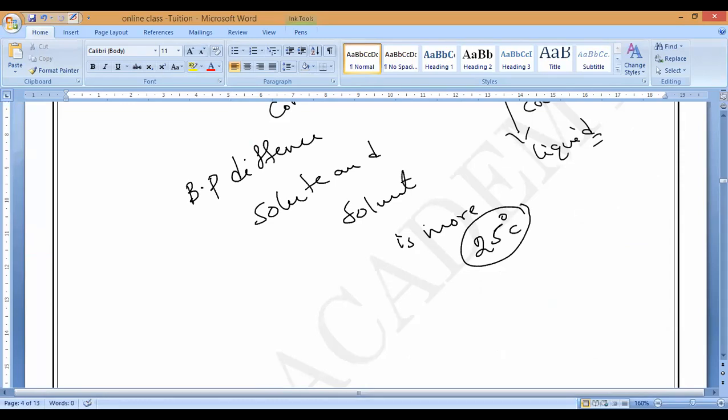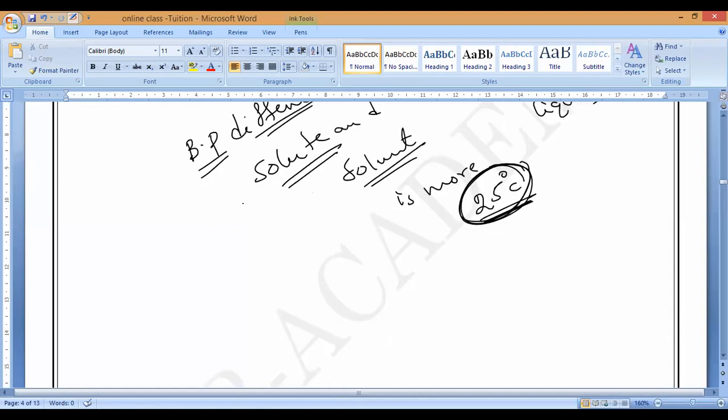Then only we will use simple distillation. If it is less than that, we will go for fractional distillation.